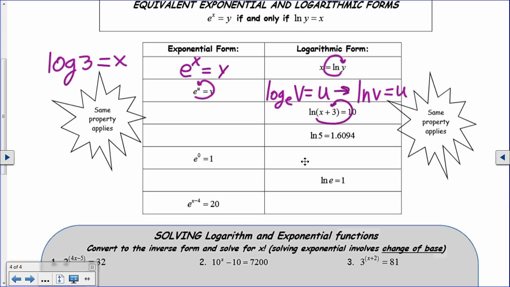Okay, this one. Start where the base should be, loop towards the equal sign and then back around. So what's the base for ln? e. So that's e to the 10th power equals x plus 3. Same loop rule, just a different base. Alright, this one, start where the base should be, loop around the equal sign, and then come back.